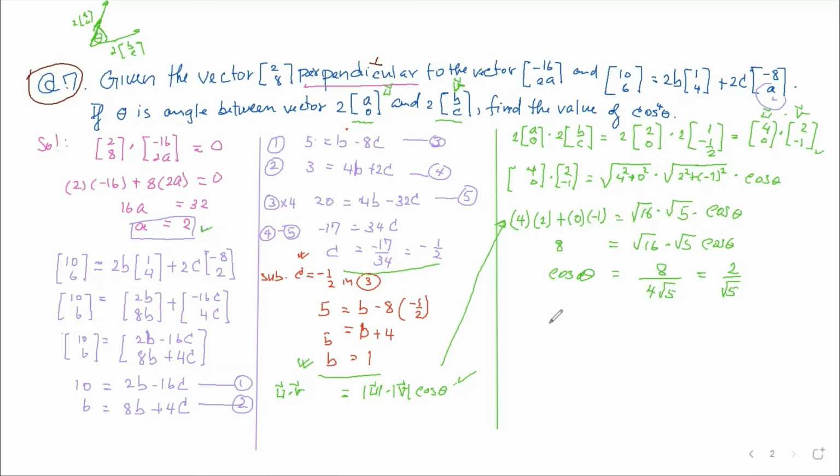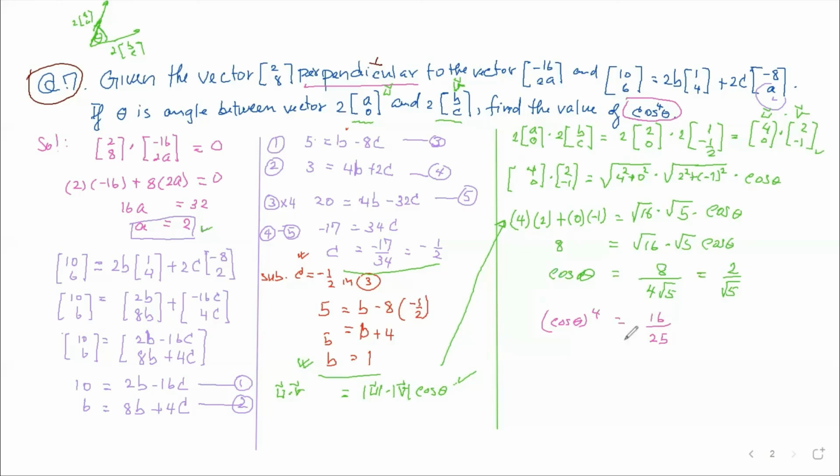Simplify it. Then because the question wants us to get cosine theta to the power 4, you just take the whole thing to the power 4. 2 to the power 4 is 16, and 1 over root 5 to the power 4 becomes 5 to the power 2, so it becomes 25.